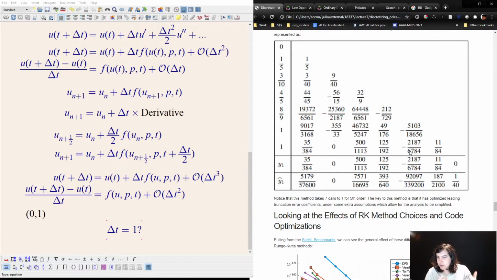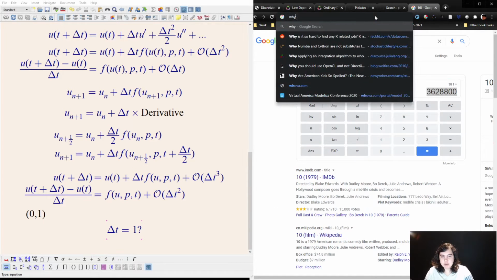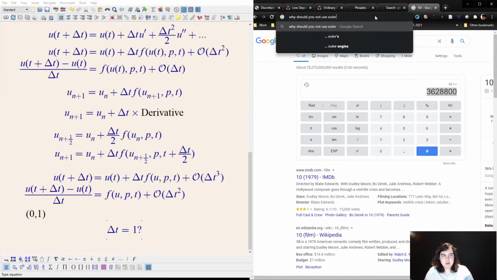So let's actually look at some benchmarks to really start to understand how different Runge-Kutta methods interact in terms of efficiency. I'm going to leave off Euler's method because Euler's method is just so generally bad. But if you want to see how bad it is, you can look up why should you not use Euler's method.